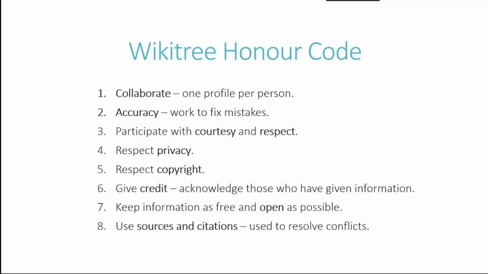Basically, a tree on Ancestry isn't necessarily the most reliable of information. So you need to go further and be able to produce a source that is better than the existing source. And so therefore, sources and citations are used to resolve conflicts. If there's conflicts regarding information on a tree, you basically present your case along with a source, and that is used to sort out what is the most accurate information.